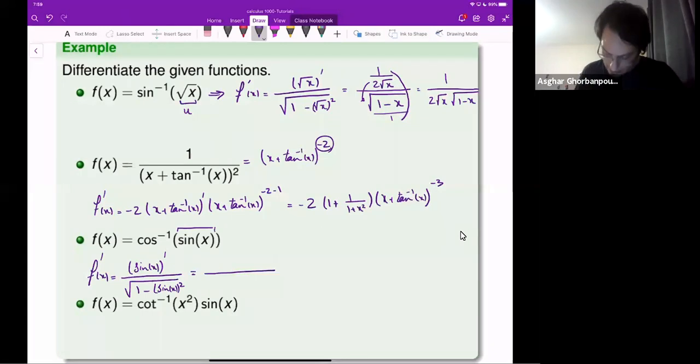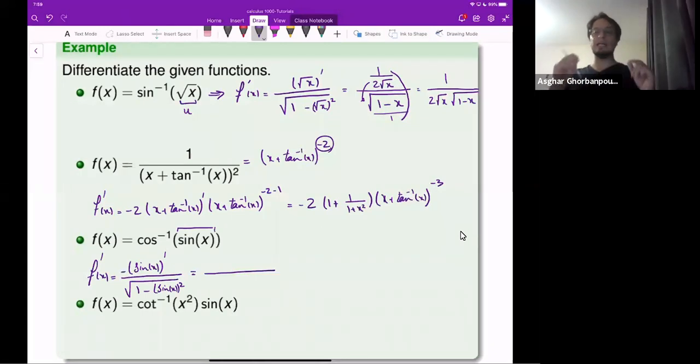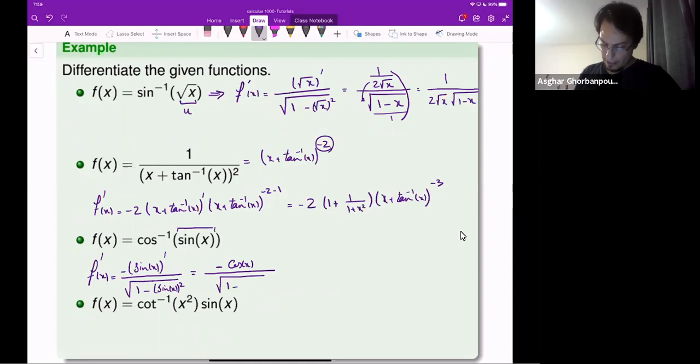Oh, there is a minus sign, sorry. Derivative of cosine inverse is minus u prime over root 1 minus u squared. Derivative of sine x is cosine x, over root 1 minus sine squared x. And that is minus cosine x.